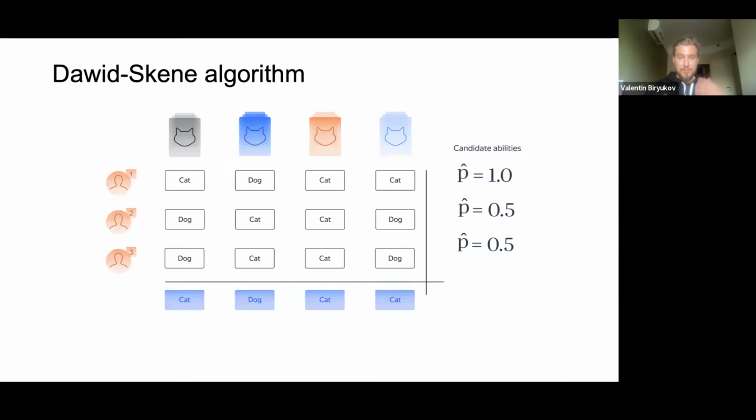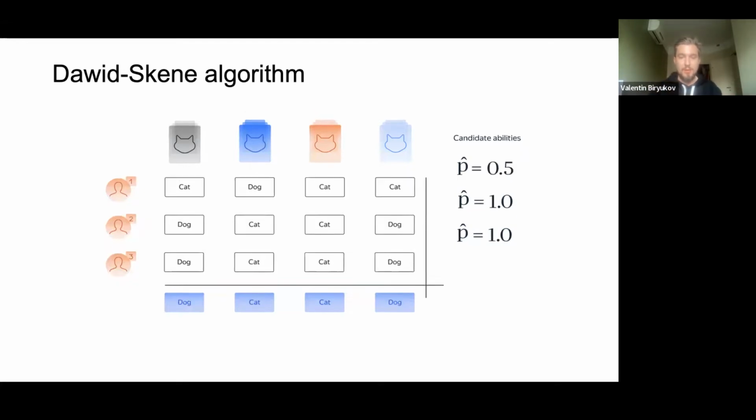So they look at this scheme and they use the estimation of the correct answers and performer skills, like the point-wise value on the golden set, on honeypots, as the first estimation. They may recalculate our correct labels and probabilities using the expectation maximization approach to maximize the likelihood of this data.